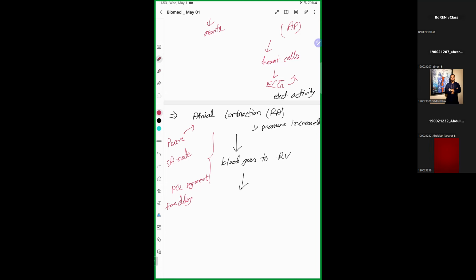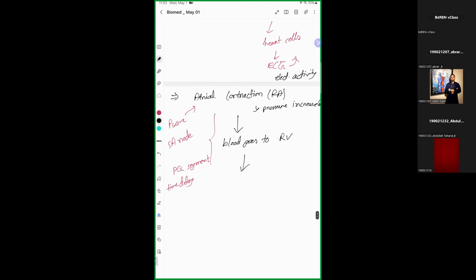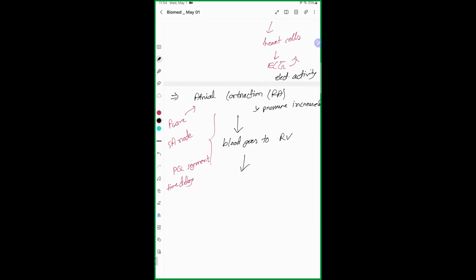From this right ventricle, am I audible clearly? Yes, sir. From the right ventricle, blood goes to the lungs. In the lungs, the blood is purified.